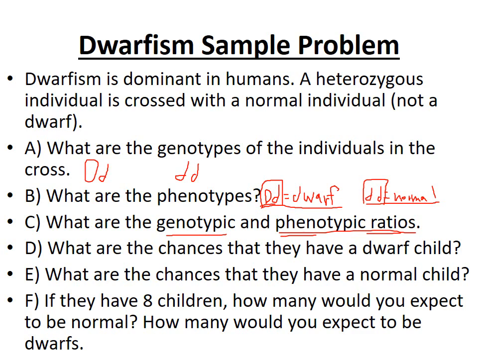One dwarf for every one non-dwarf individual. And the genotypic ratio, again, is also 50-50. You'll get your big D little d and your little d little d. So one big D little d for every one little d little d. So we'll actually prove that in a Punnett square. So we'll put the big D little d parent on the top here.